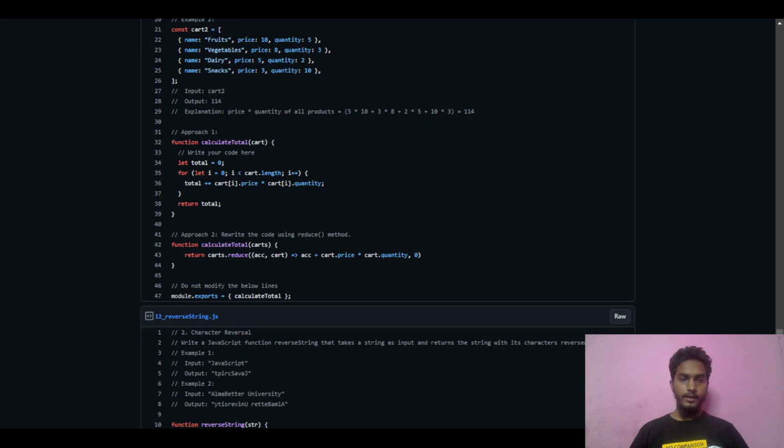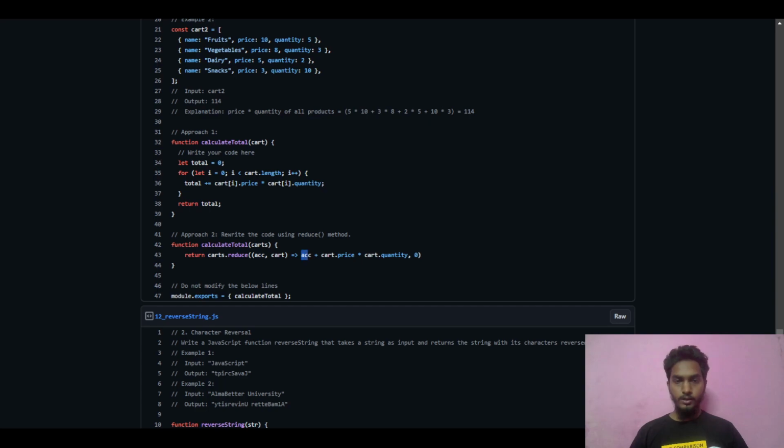So we are writing a function named calculateTotal. We are taking cart. Then we are returning cart.reduce. Reduce takes two parameters. The first is a callback function and the second is the initial value. In the callback function, the first parameter is the accumulated value of the previous total. In the first iteration, it will be the initial value, and the second parameter will be the current item.